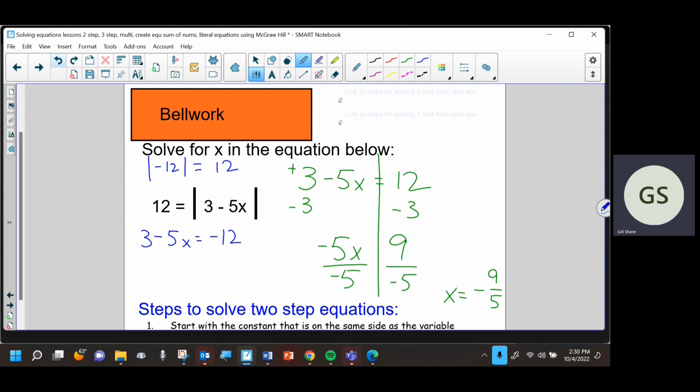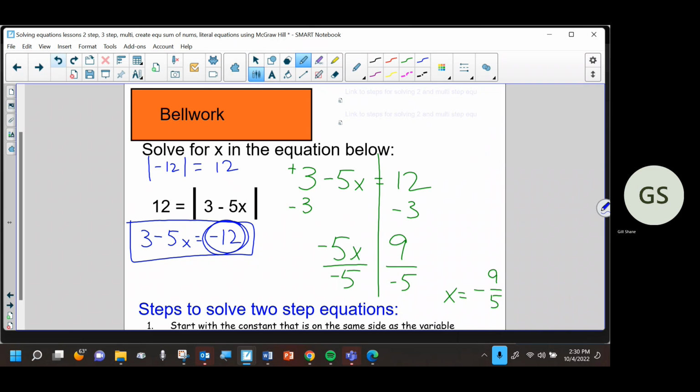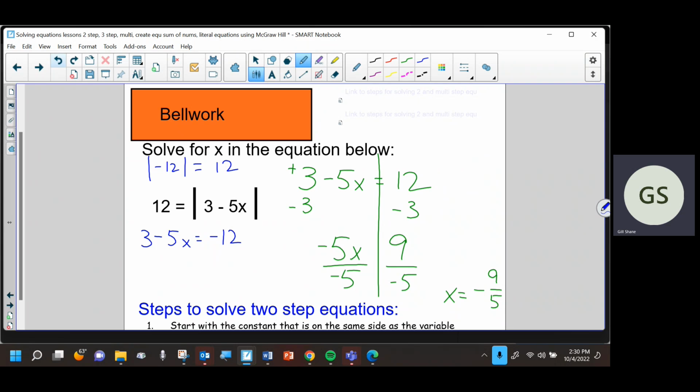If you're not following all of that, just remember you do a separate equation and you just change the number to a negative number on this side of the equation. So instead of positive 12, I'm just making it negative 12. If you're not following what the distance away from 0 means, you can also look up other videos on absolute value if you're not understanding the concept.